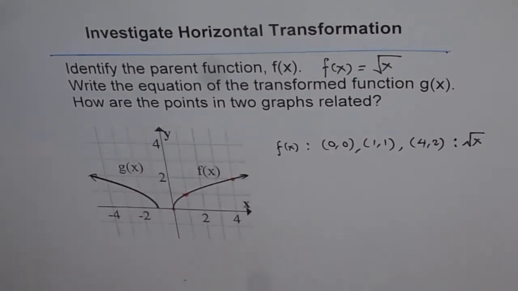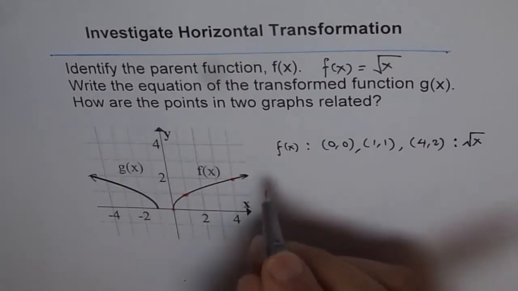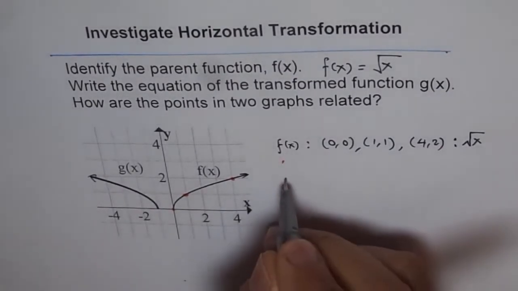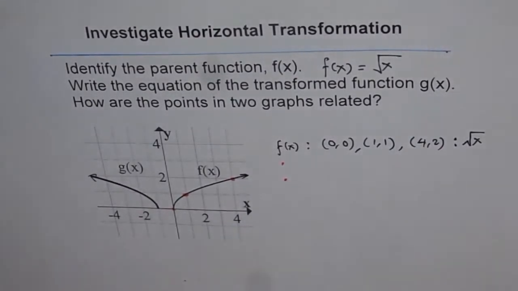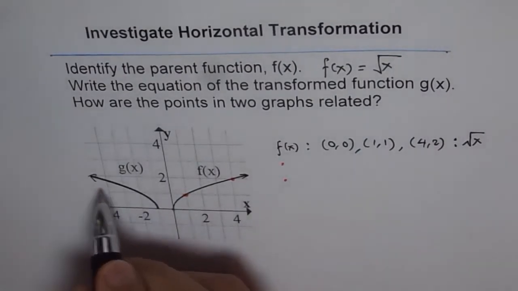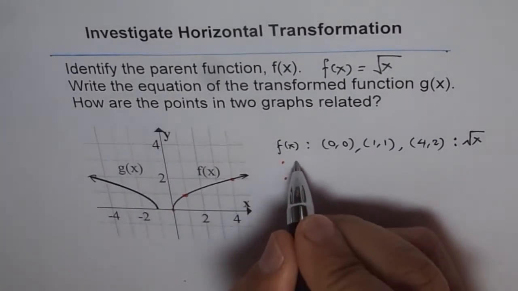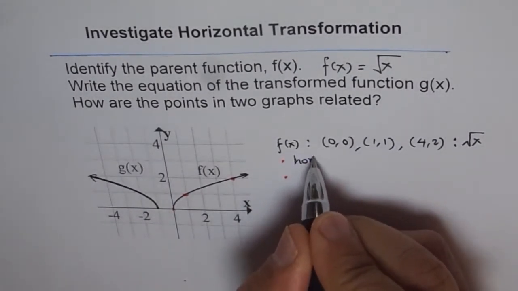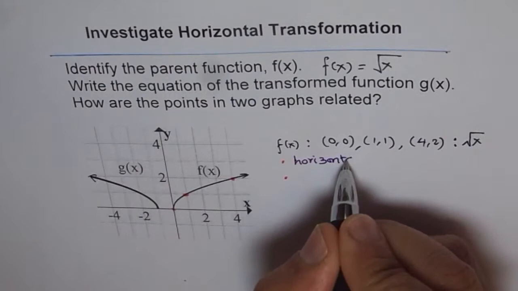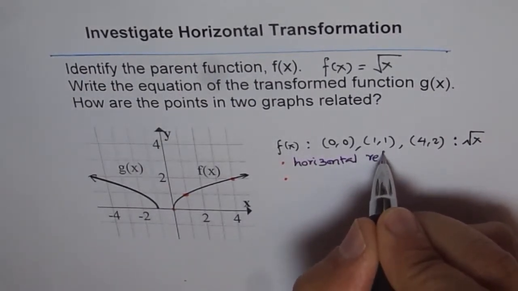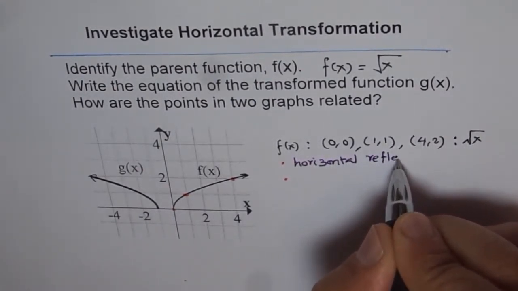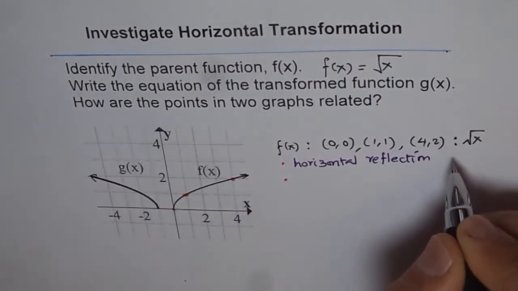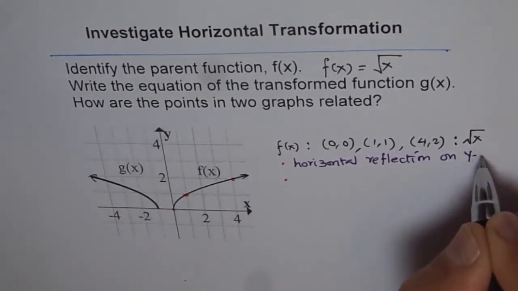So there are two things which we note. First thing which we note is reflection on the y-axis, right? So it is a horizontal reflection on the y-axis.